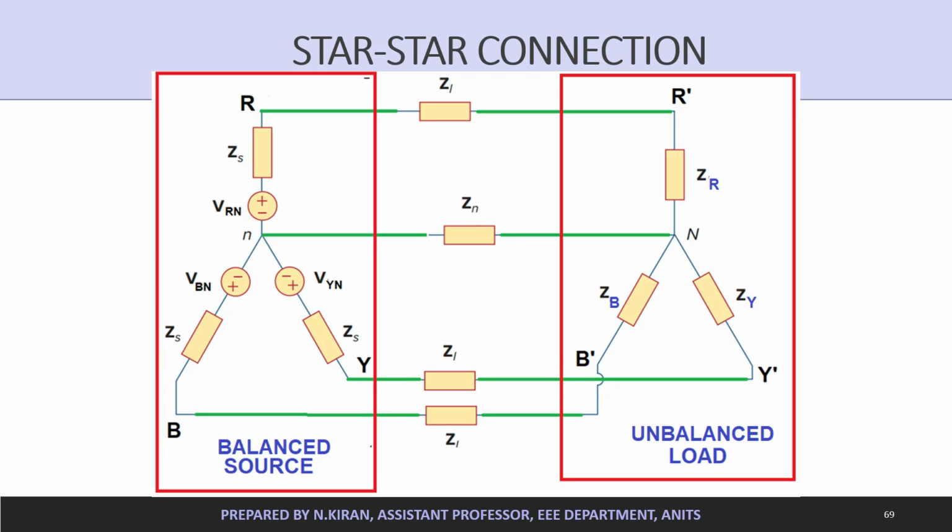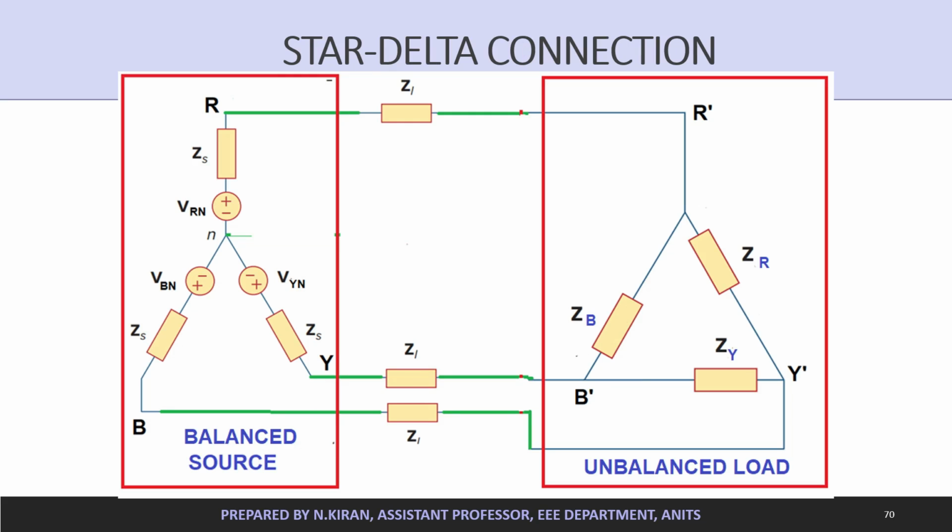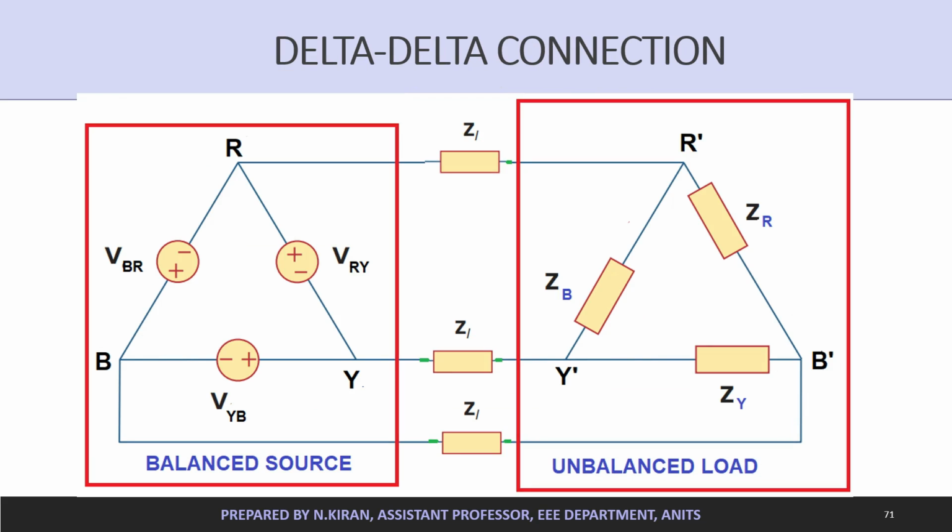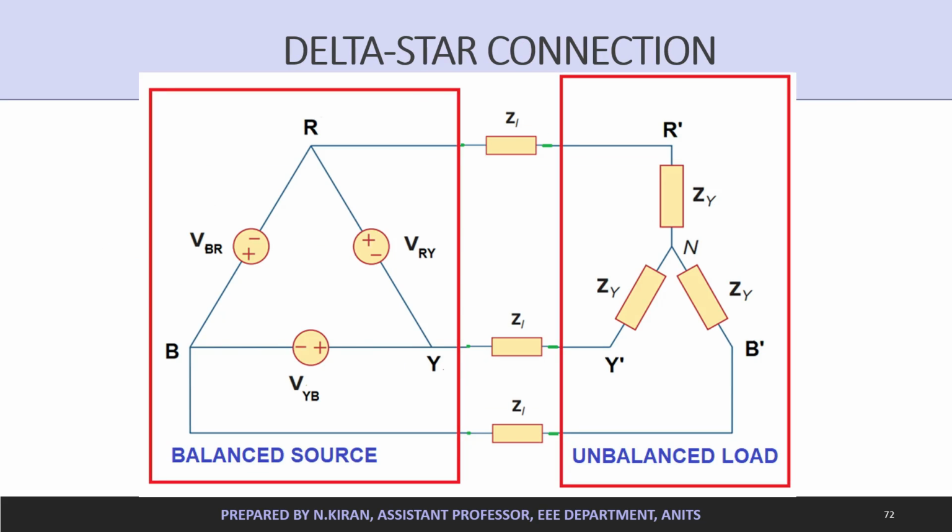So these are the circuit representations of the various connections. In all the four connections, you can observe that the source is assumed to be balanced.